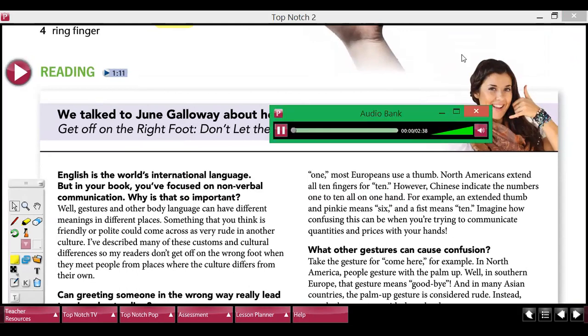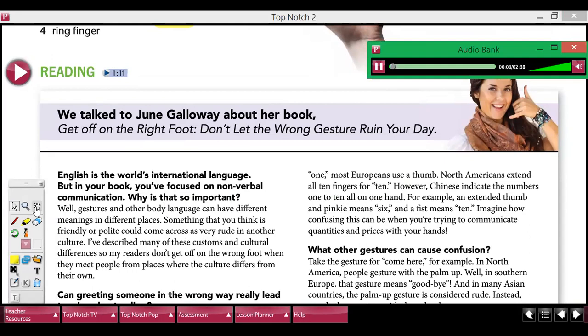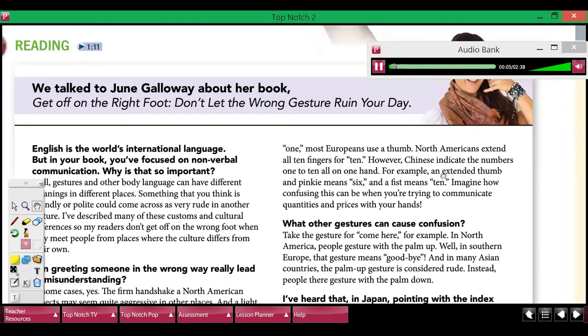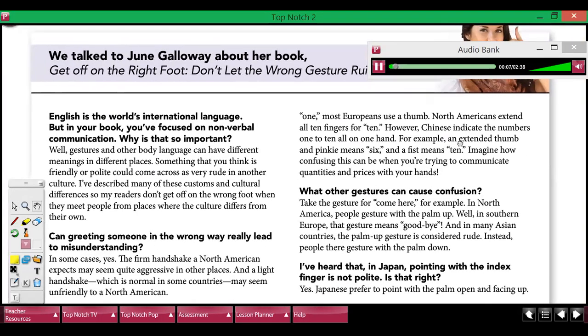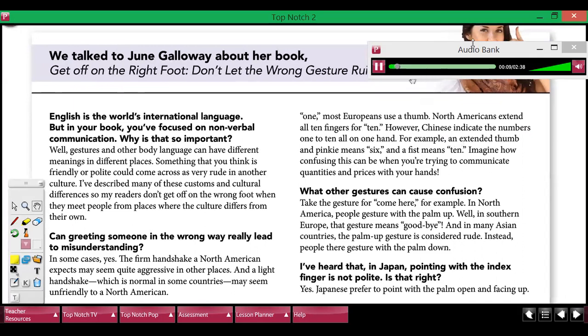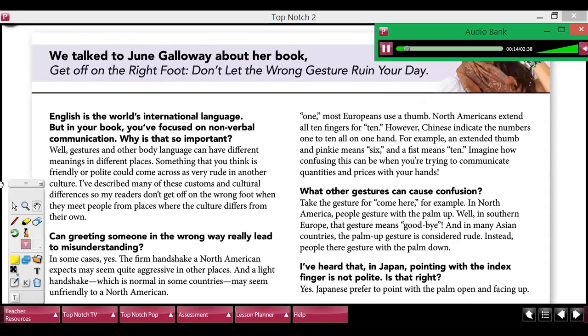Read and listen. We talked to June Galloway about her book, Get Off on the Right Foot. Don't let the wrong gesture ruin your day. English is the world's international language. But in your book, you focused on nonverbal communication. Why is that so important? Well, gestures and other body language can have different meanings in different places. Something that you think is friendly or polite could come across as very rude in another culture.